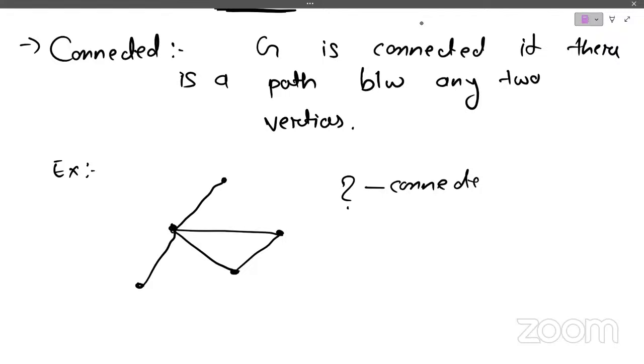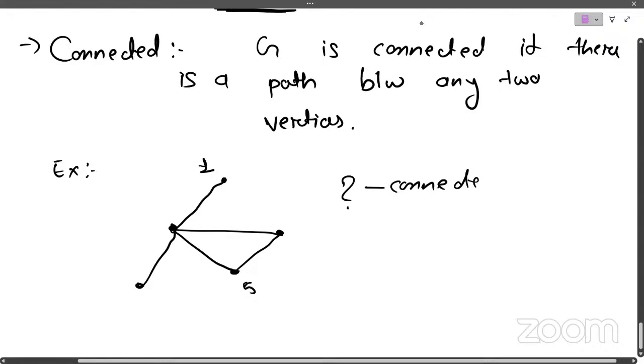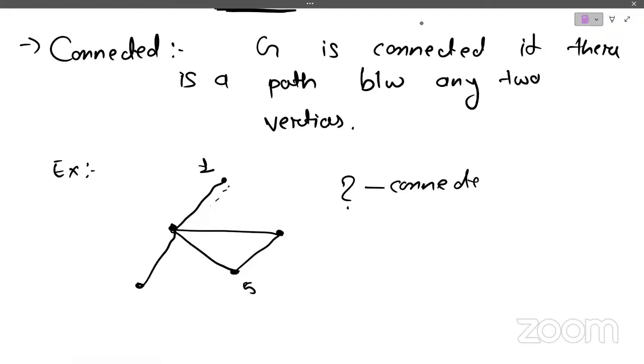We can easily find a path. Suppose this is my vertex 1, this is my vertex 5, or any number you can take. I want to find a path between vertex 1 and 5. So we can travel to this vertex and then travel to this vertex. We can always find a path between any two vertices. Then that graph is called a connected graph. Now observe this graph.